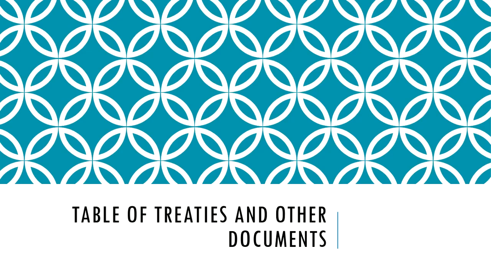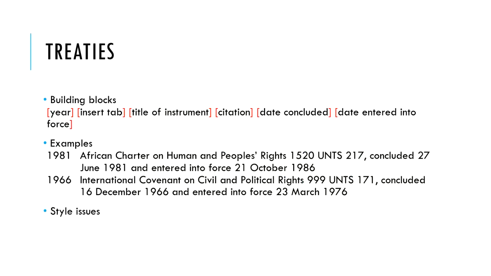The last bit I would like to focus on is the table of treaties and other documents. The building blocks for an accurate and complete citation is the year in which the document was concluded, and then insert a tab. Remember, this is only for the bibliography and the table, so the formal matters.